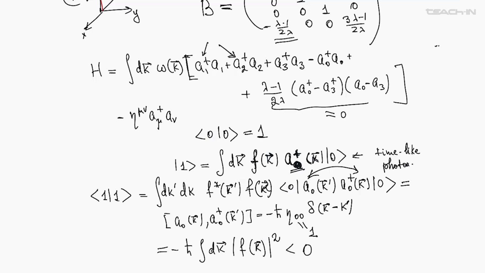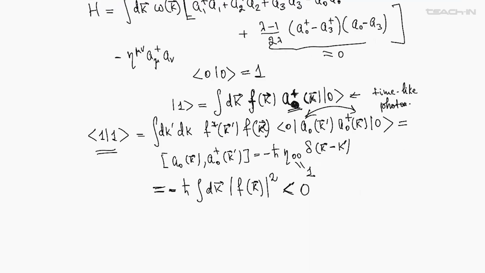Because of these covariant commutation relations, which now have the Minkowski metric on the right-hand side, its 0,0 component produces such a contribution to the norm that the scalar product of this time-like photon state with itself appears to be less than 0.